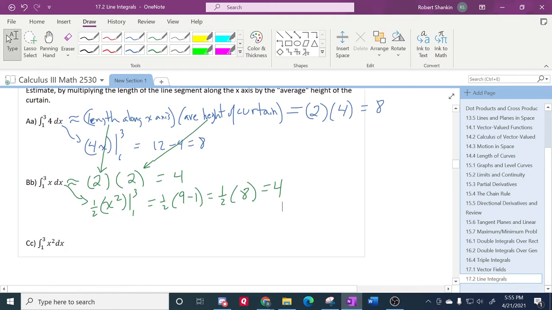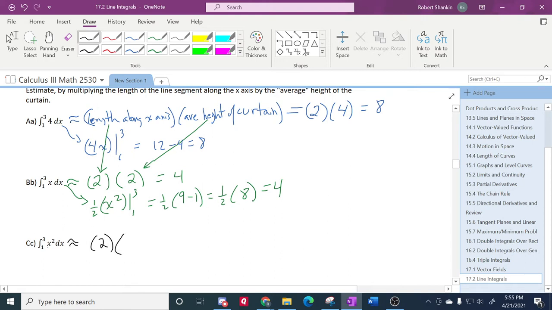And now do it again this way, visualizing height of a curtain. Okay, so the length along the x-axis is still 2.